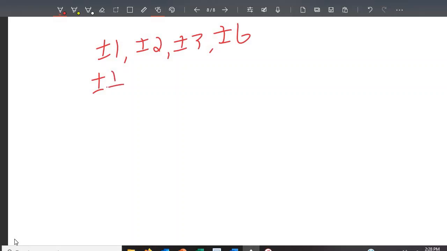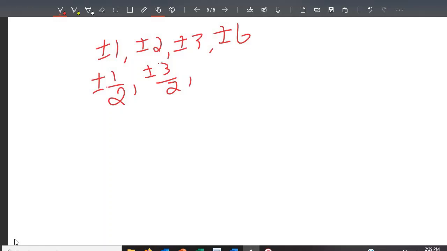So we're going to get 1 divided by 1 is 1. 2 divided by 1. 3 divided by 1. And 6 divided by 1. Then we're going to have 1 divided by 2 is 1/2. 2 divided by 2 is 1, which we already have. Then 3 divided by 2.